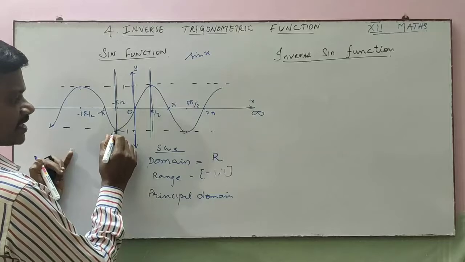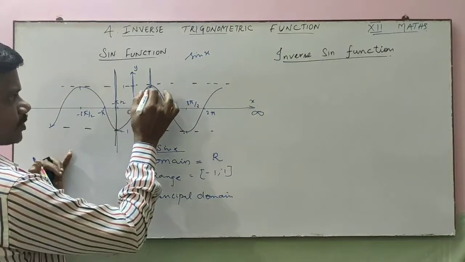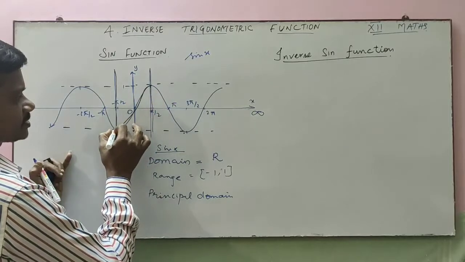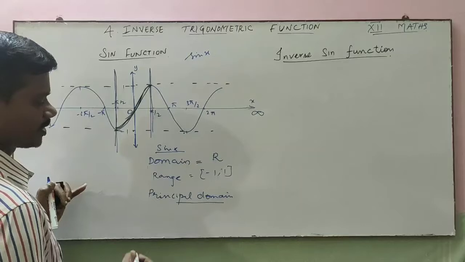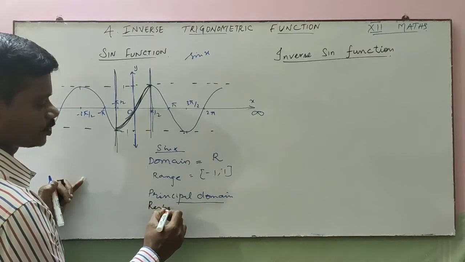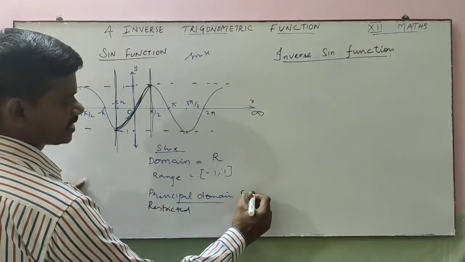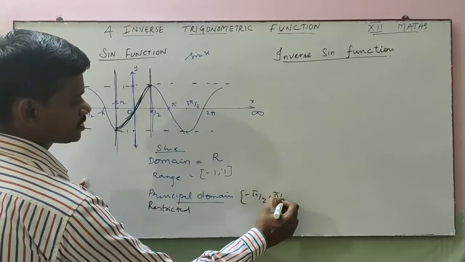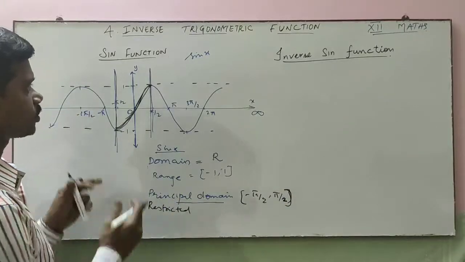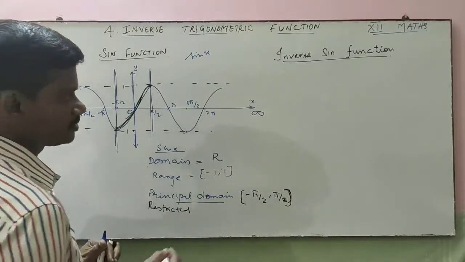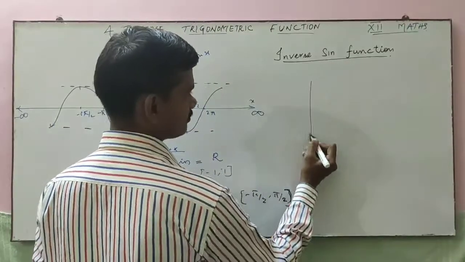Here it starts from minus 1 and goes up to plus 1. So this part of the curve comes under the principal domain or restricted domain. So this is minus pi by 2 to plus pi by 2, called the principal domain. We have to take this for the construction of the inverse graph.